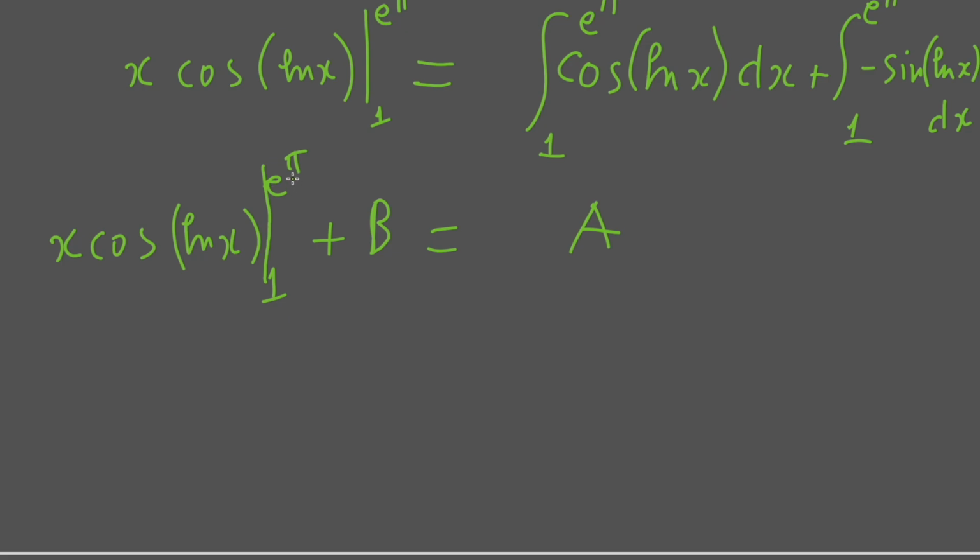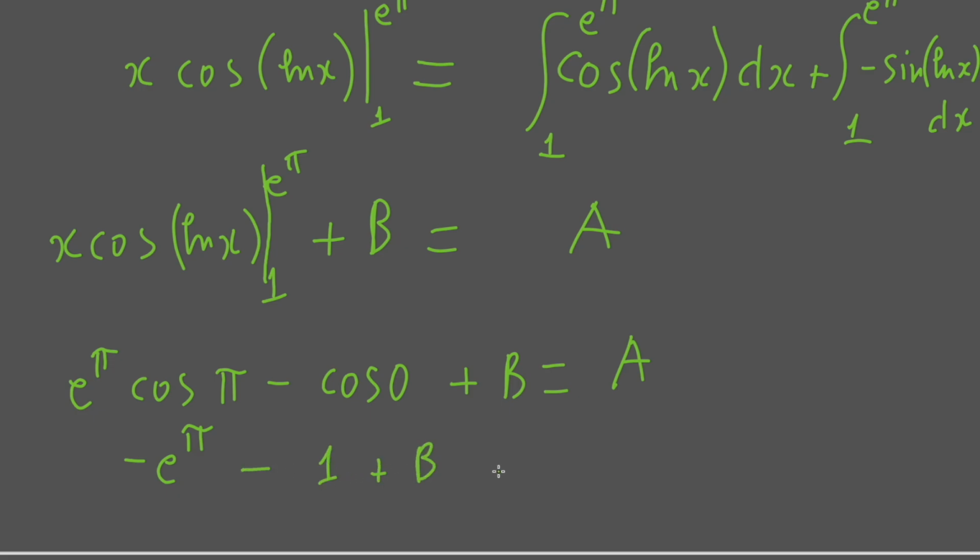This will be e power pi multiplied by cosine pi minus cosine 0, then plus B equal to A. This will be negative e power pi minus 1 plus B equal to A. That's equation 1.